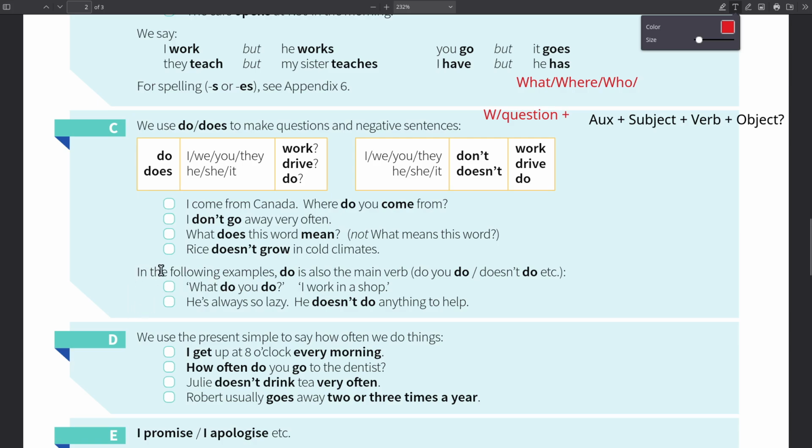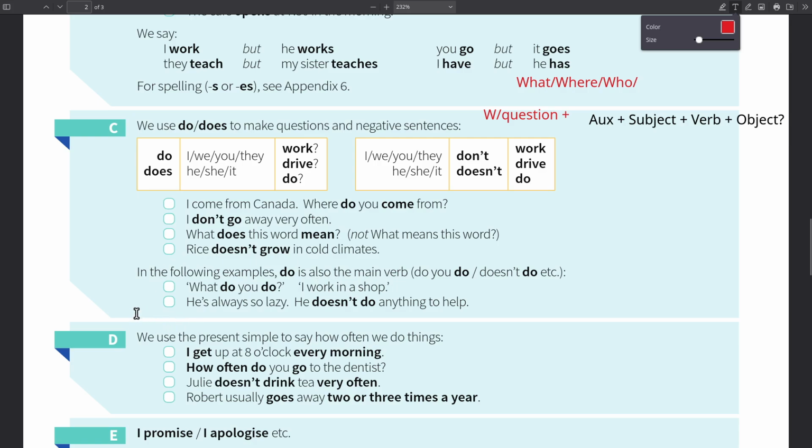For example, when we say, what do you do, the first do is an auxiliary, because in order to make a question, we need an auxiliary. And the second do is a verb, in this case, do, meaning make something. And the answer, I work in a shop. That's a very simple answer.